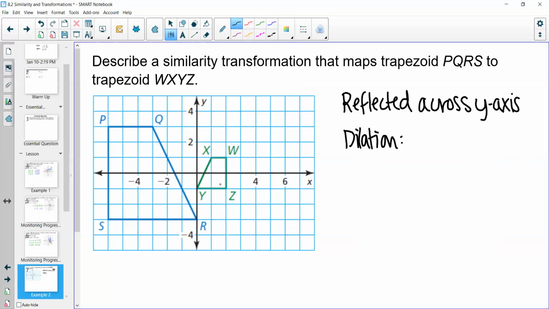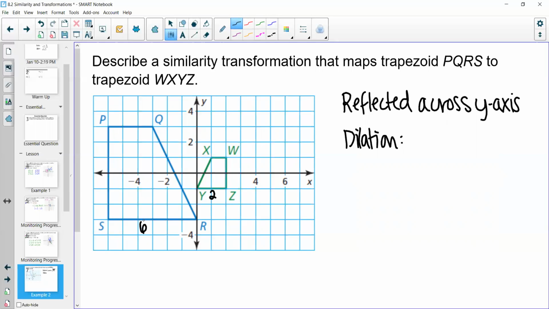Notice this length right here, this YZ is 2. And this one right here, this SR, is actually 1, 2, 3, 4, 5, 6. Because SR is part of our original trapezoid, and we want to map that onto this new green one, we need to describe how it gets there.